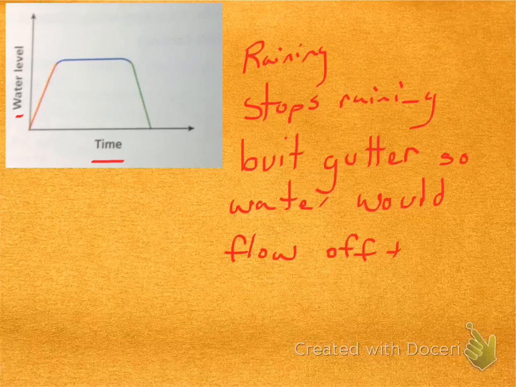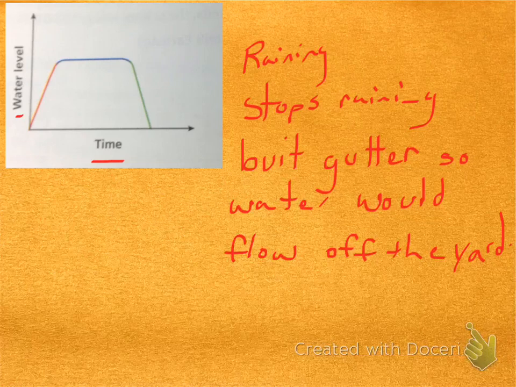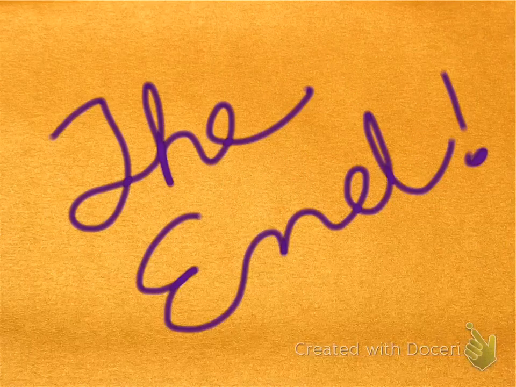So that kind of shows you what the water level was in somebody else's yard. So that's kind of what I'm going for here, something where you can basically tell the story of what the graph is showing. All right, guys, that's the end.